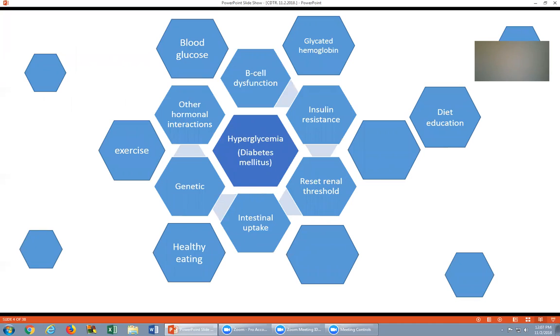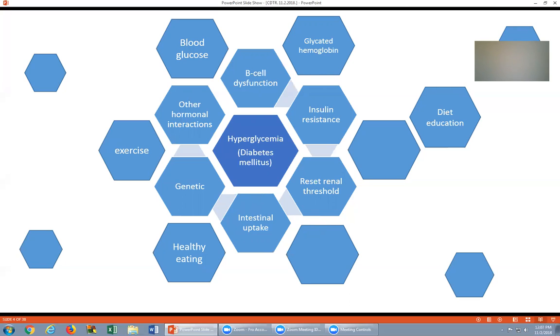Diabetes used to be a disease of high blood sugar. But I think everybody in this room knows that we are just putting the pieces together right now. It's not just hyperglycemia anymore. We have beta cell dysfunction, we have insulin resistance. We even know that the kidney's ability to hold on to glucose, or the renal threshold for glucose, is impaired in diabetics.